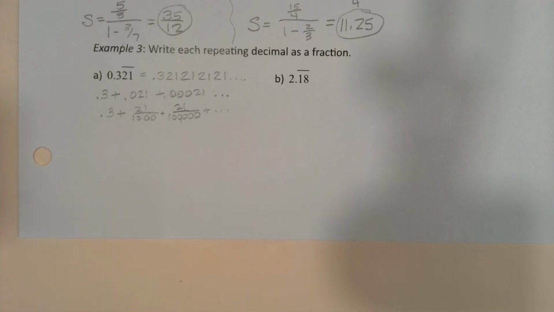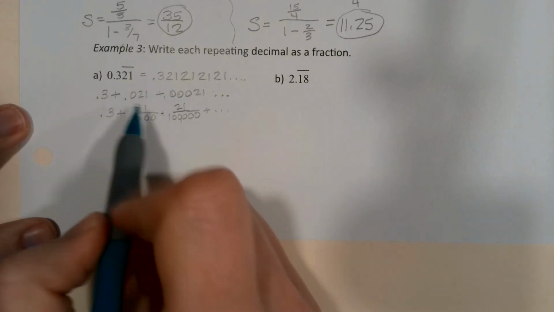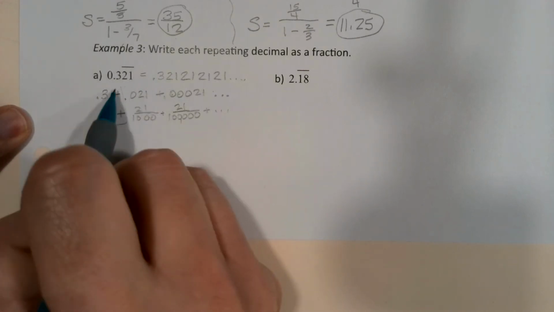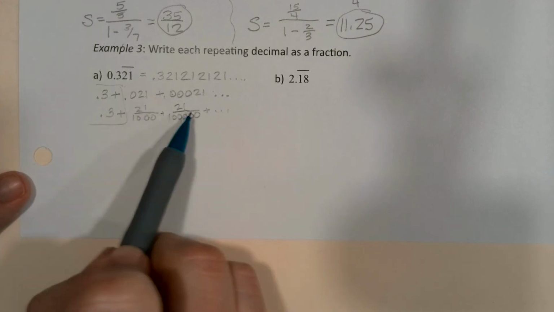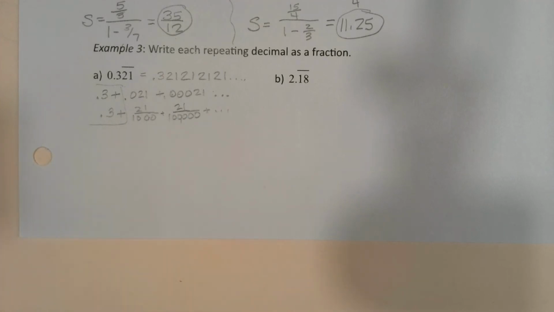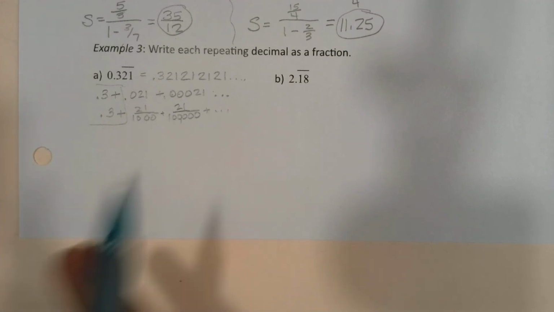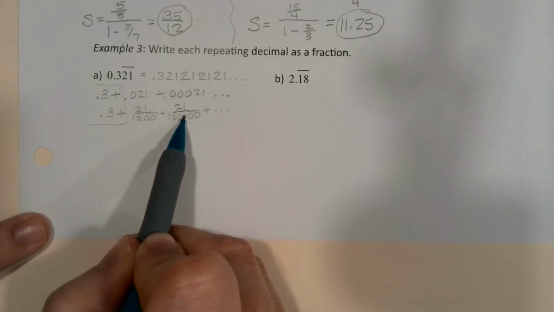Both of the examples on these notes are kind of a two-step problem. You may find one that doesn't have this additional piece up front. What happens is, this is unrelated to the sequence, so we're going to add that at the end. We're going to leave the 0.3 out, and we're just going to look at this piece where we see this pattern happening. So how do I get from this term to this term? This is a geometric series.